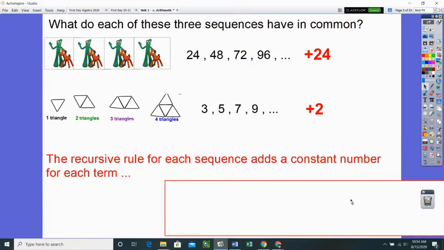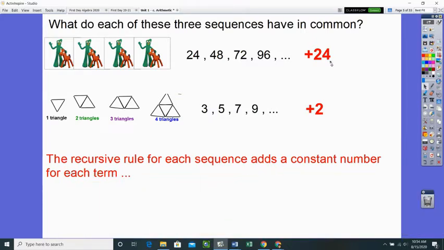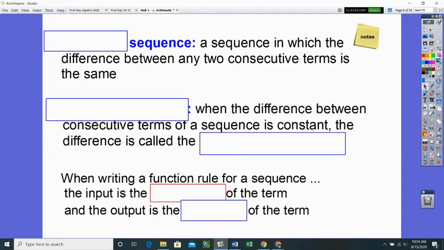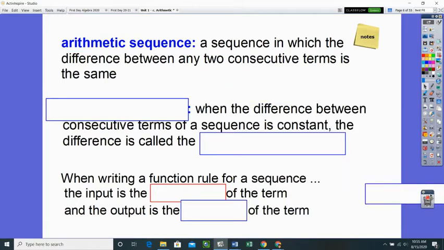So the recursive rule, that's what these are, a recursive rule, always adds a constant number, or by the way, it could be subtracting. So you could be adding a negative and have the sequence go down, but it's either adding or subtracting the same number between terms. So that is what an arithmetic sequence is.